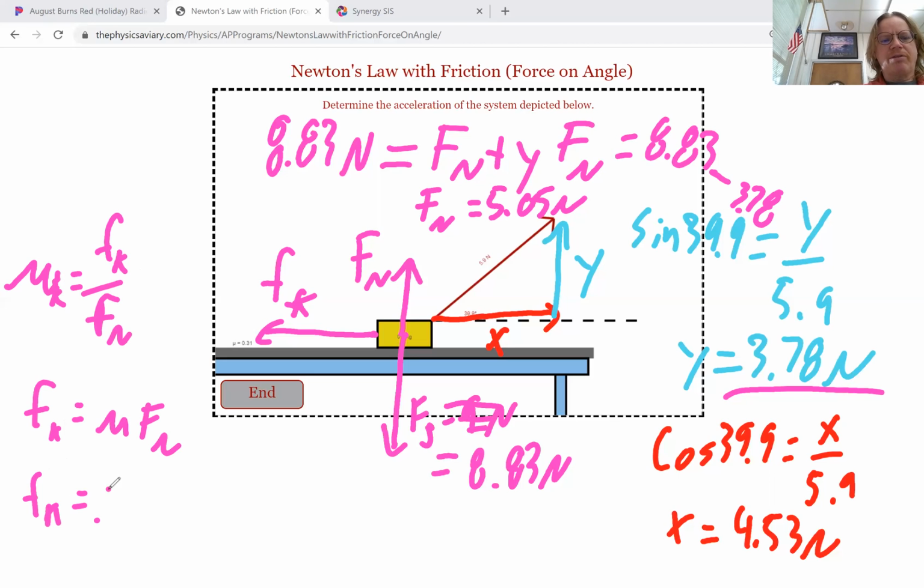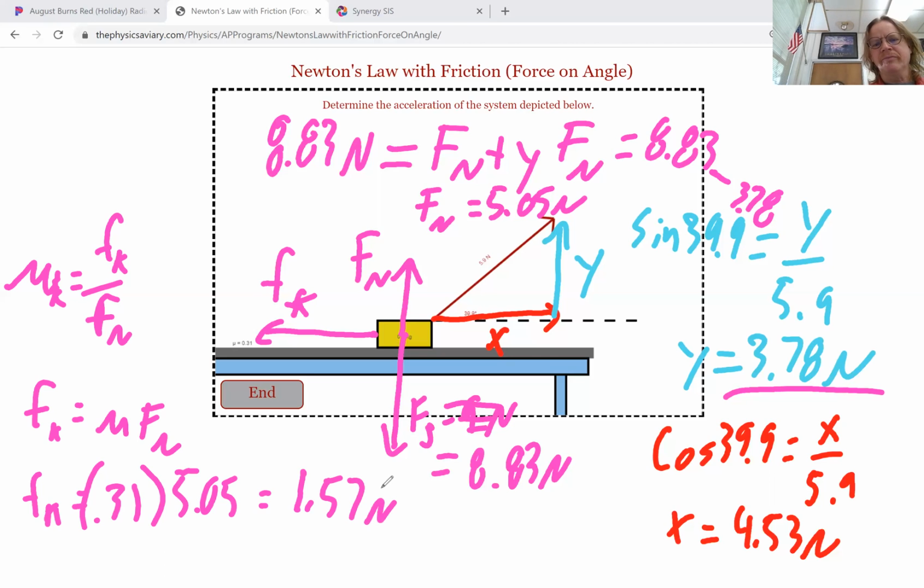The coefficient is indeed 0.31 to 2 sig figs, and the normal force is 5.05. So times 0.31, that means the friction force is a measly 1.57 Newtons. Okay, so my up and down stuff cancels out, so I'm not going to worry about that anymore.